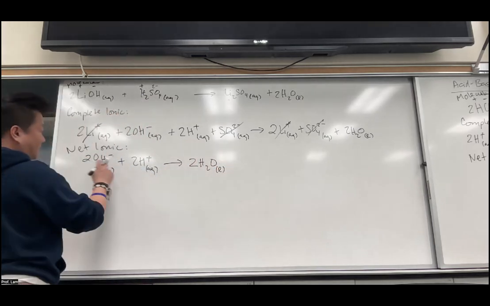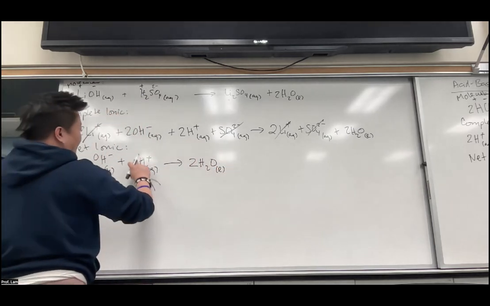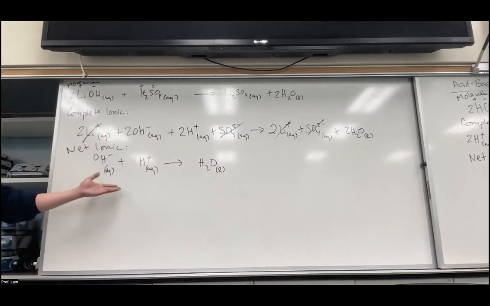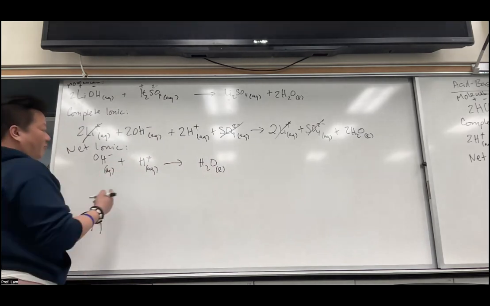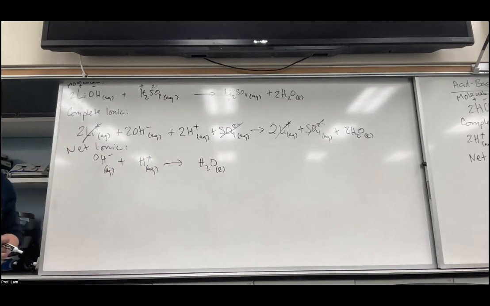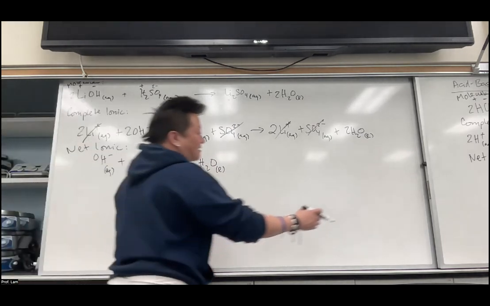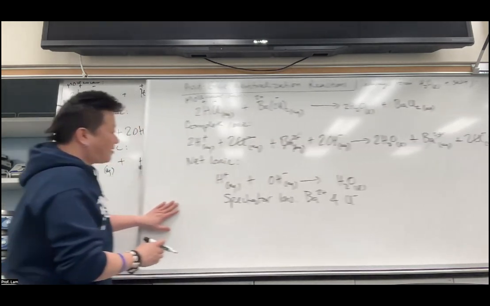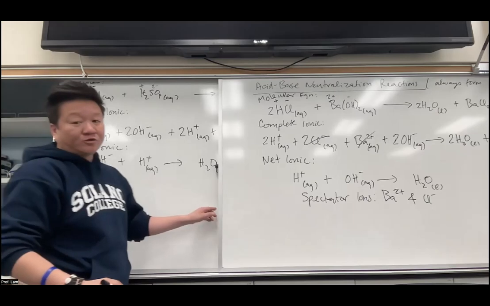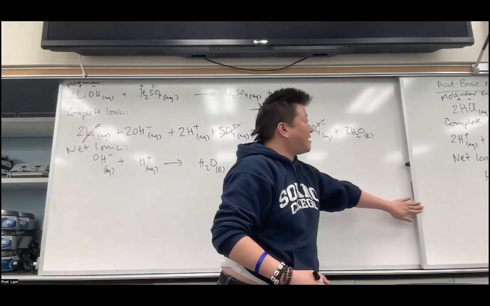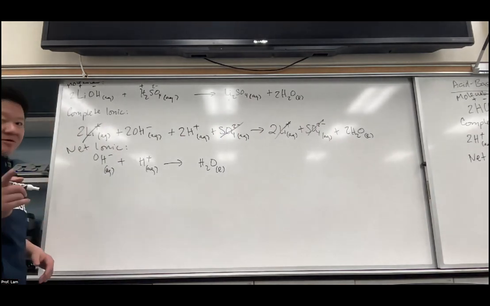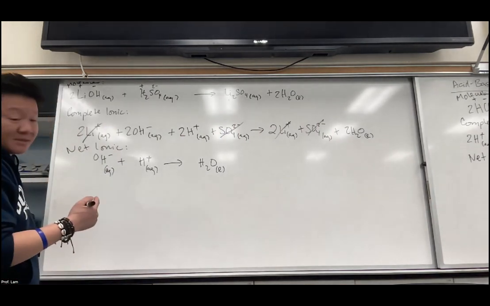These 2's in front just get canceled, so we simplify it down: OH minus plus H plus is water. Notice this net ionic equation is the same as the last one. So all acid-base neutralization reactions have the same net ionic equation. Remember, that wasn't true for precipitation, but for acid-base it is.